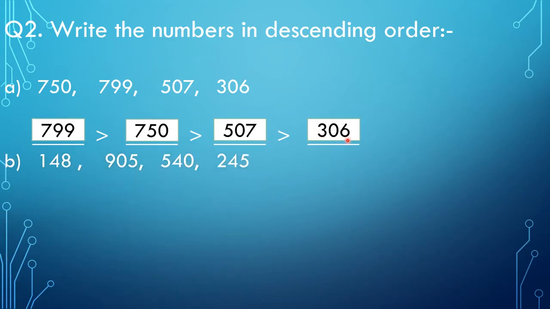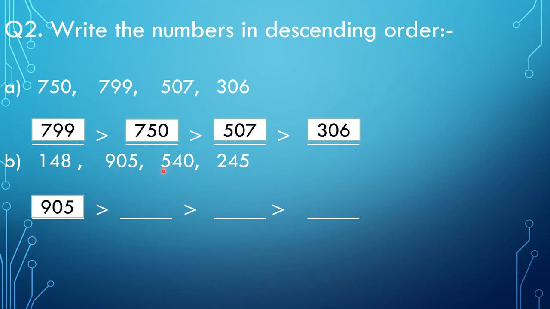Okay. Now in B part, 148, 905, 540 and 245. Again we have to arrange it in descending order. So here, which one is greatest? 1, 9, 5 or 2? That is 9. So 905 is the greatest number. Okay.